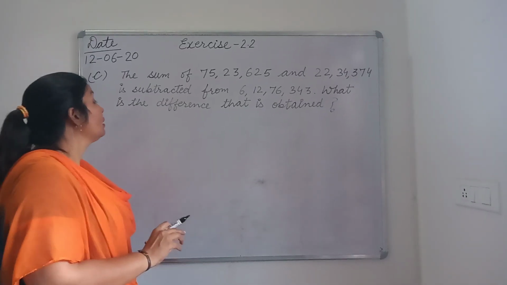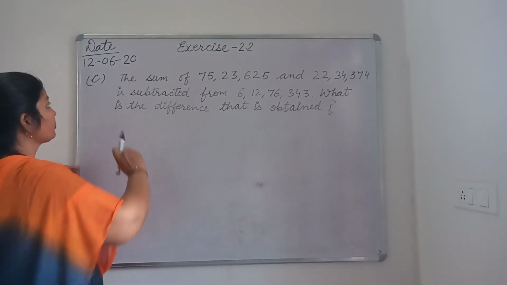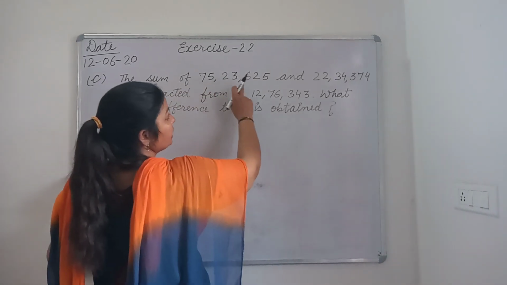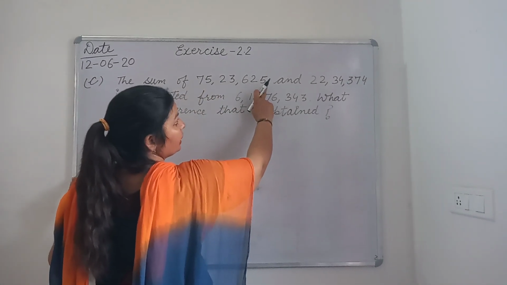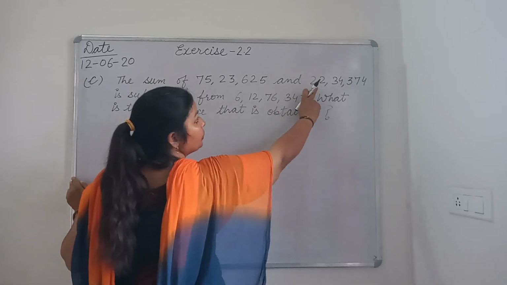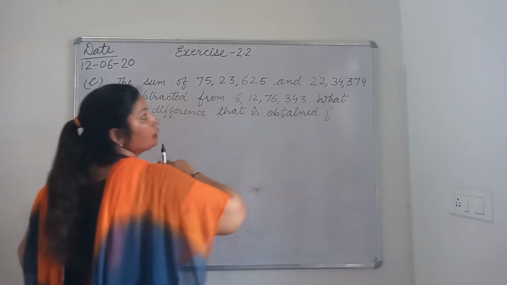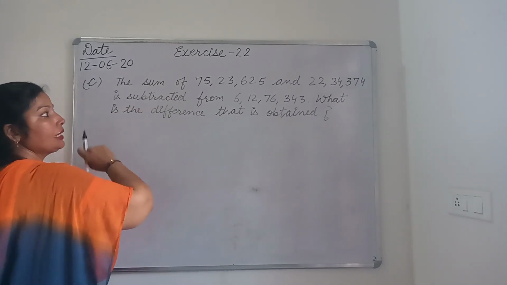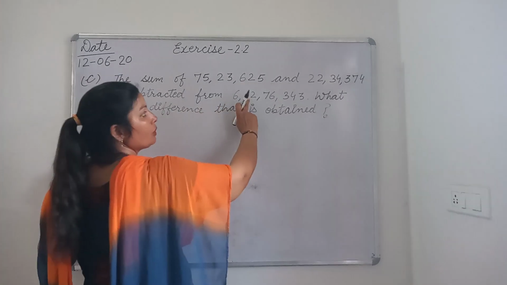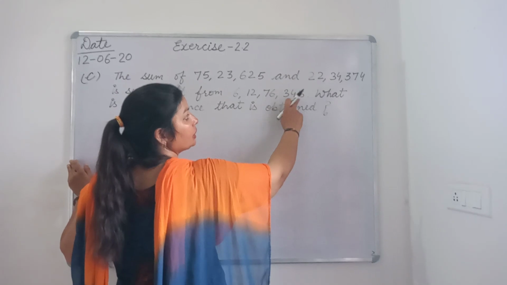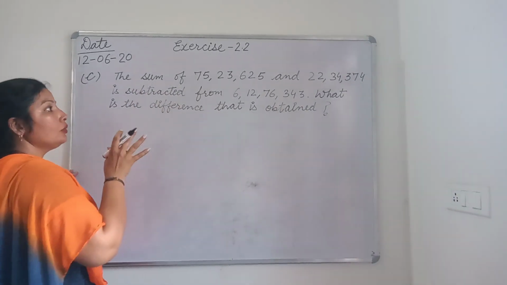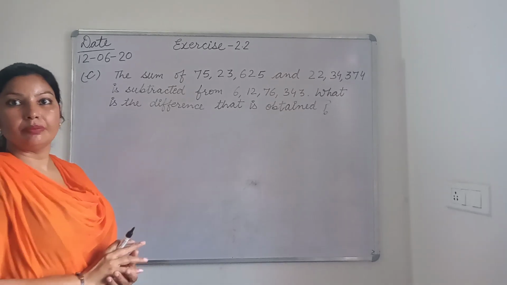Yes. Now C part. The sum of 75,23,625 and 22,34,374 is subtracted from 6 crore 12,76,343. Okay. So, do you know what do you mean by sum?